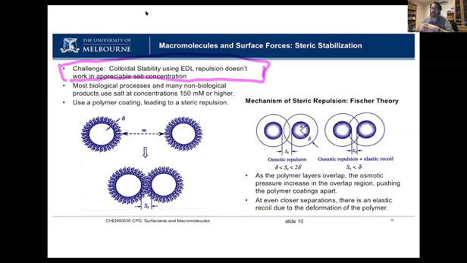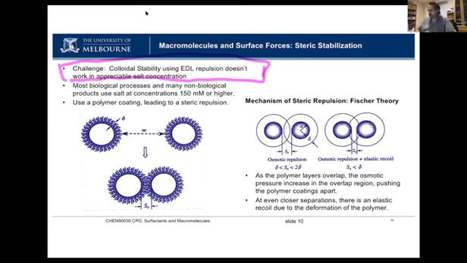But polymer coatings don't really care if there's a little bit of salt in the water. If you add excessive amounts of salt, like molar quantities, some polymers may care, but you can add an awful lot of salt into a solution and you'll still have a polymer coating.